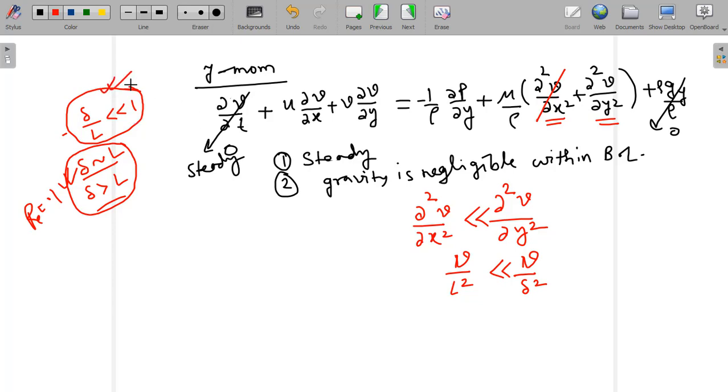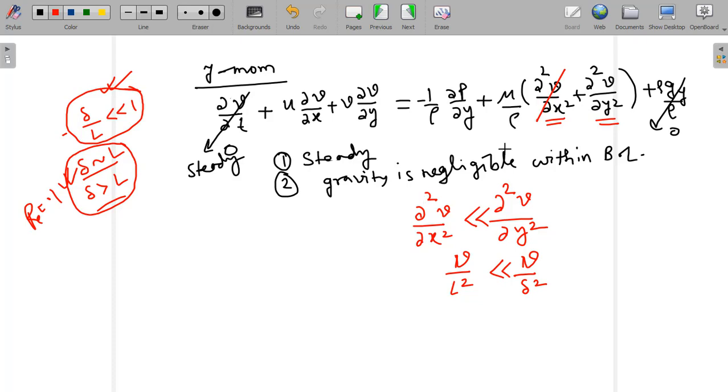So the boundary layer solutions that we will get at the end are valid only for situations which satisfy this boundary layer assumption, and you have to remember that. So that part we have understood.